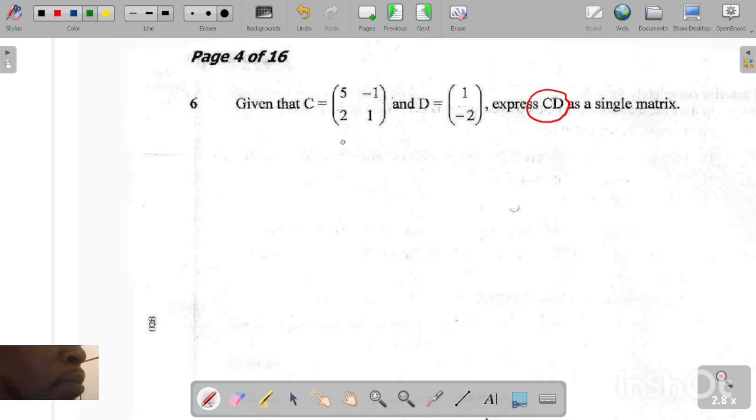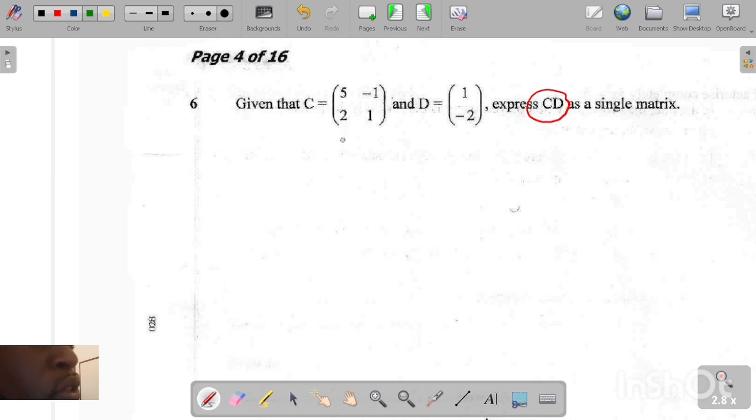Sometimes an examiner may be testing you to see if you know the conditions that allow you to multiply matrices. Sometimes you cannot multiply them. So how do you determine if two or more matrices can be multiplied together?